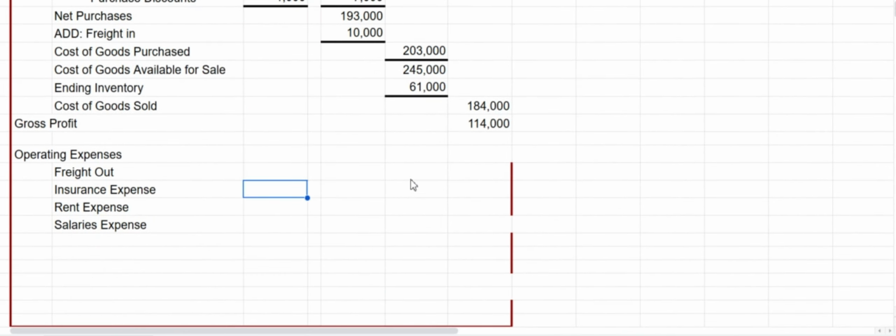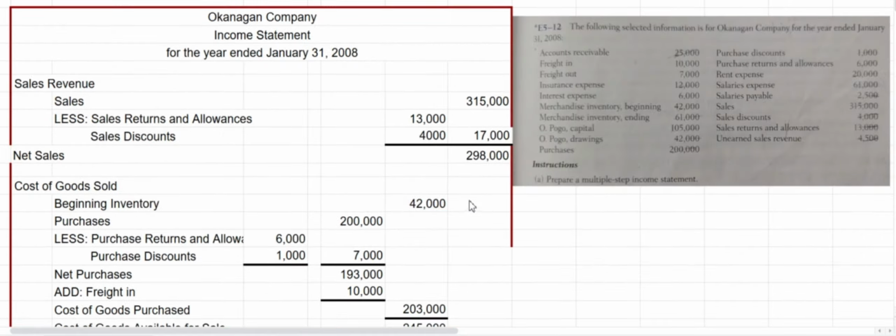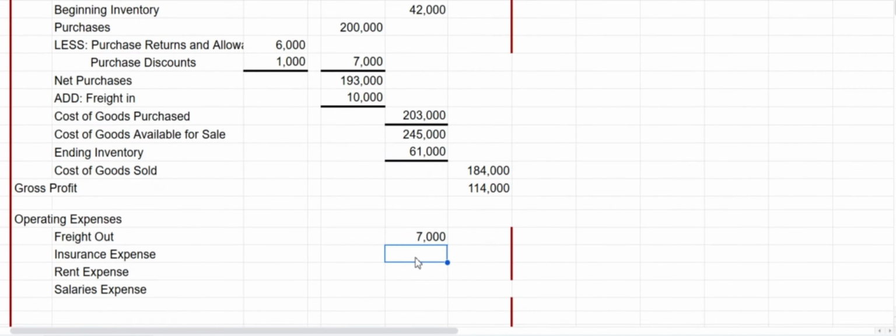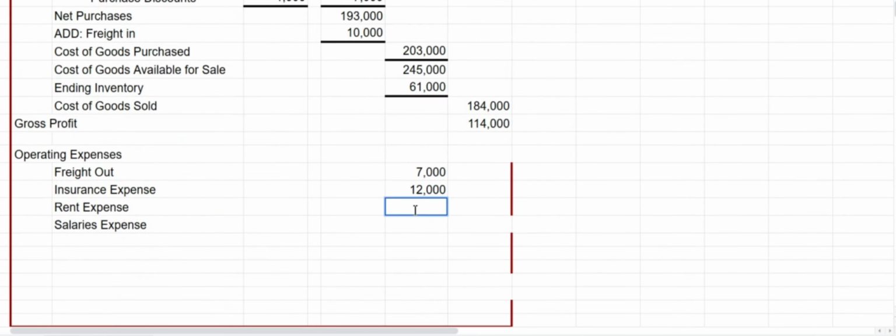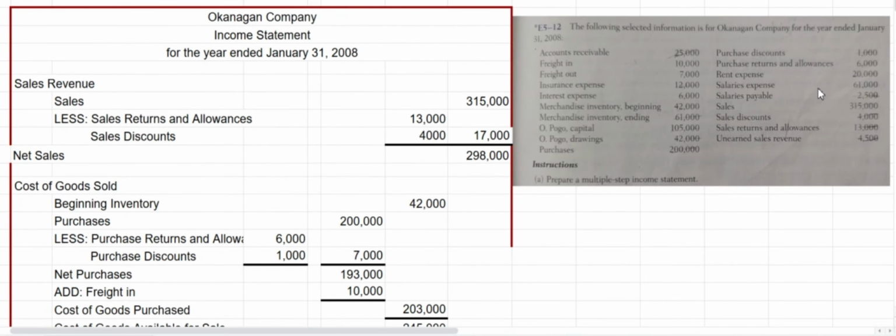Freight out is 7,000. We're going to put this in the third column. Insurance expense is 12,000. Rent expense, 20,000. Then salaries expense is 61,000.